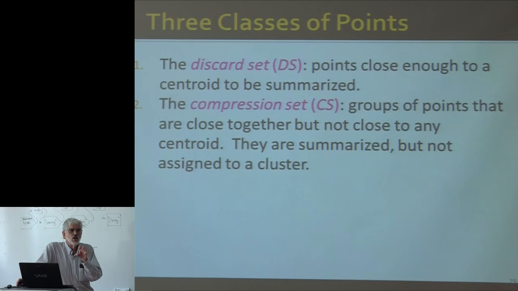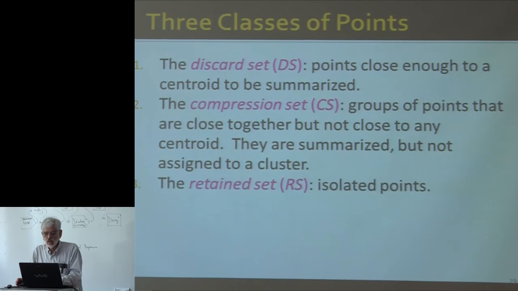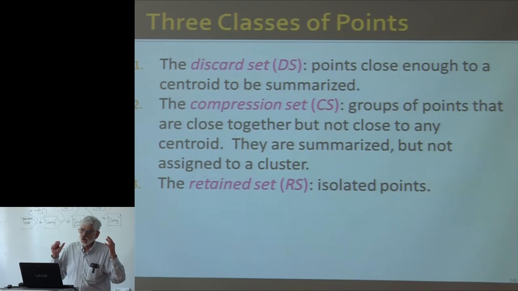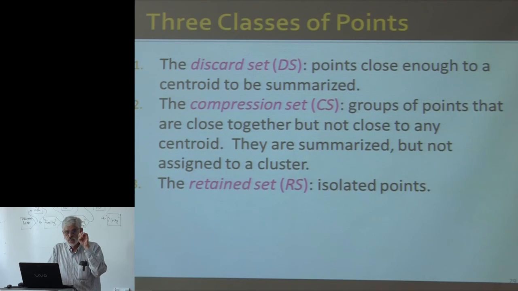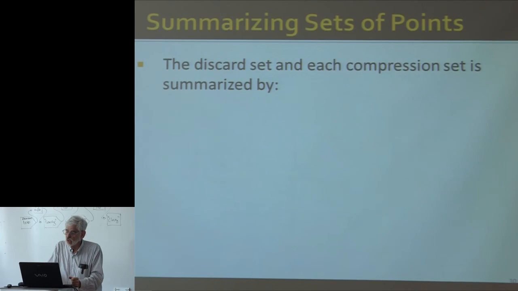All we know is that they are nearby to each other. And then there's the retained set, which are things that look like outliers. We have no idea where they belong. They don't seem to look like any other points, so we just keep them as they are. The discard set and compression set are both represented by statistics, while the retained set are still individual points.